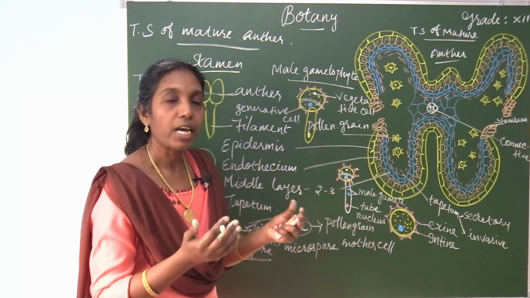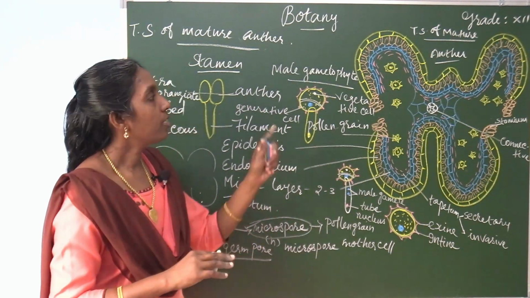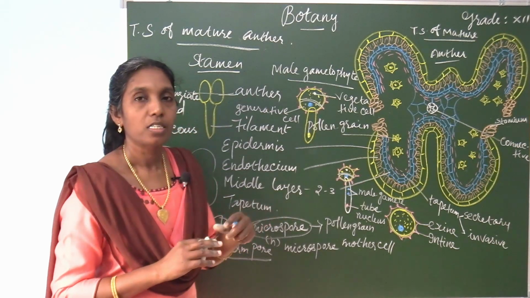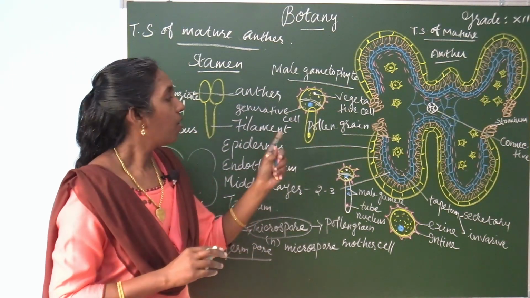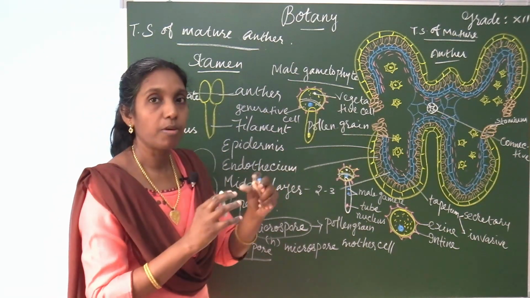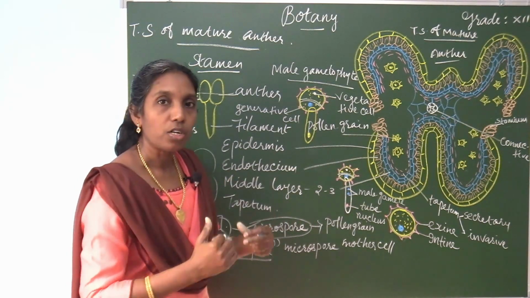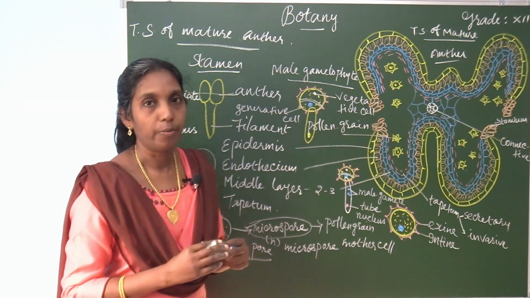If it is liberated at the two-celled stage, it reaches the stigma of the gynoecium, which has stigma, style and ovary. When a pollen grain falls on a suitable stigma, it gets moisture and starts to germinate, forming the pollen tube.